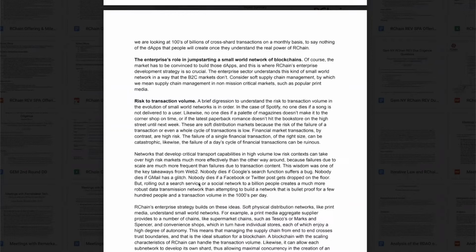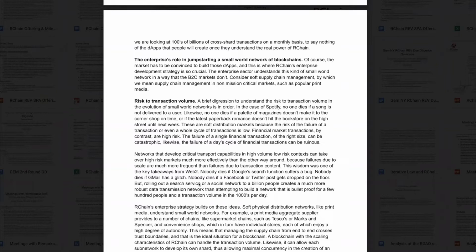You want to have autonomous development of the subnetworks so they get their own shards, and then the public network arises because the shards then connect to each other. And the enterprise understands this, obviously, in a way that the existing blockchain markets, who are fixated on flat networks, don't get.